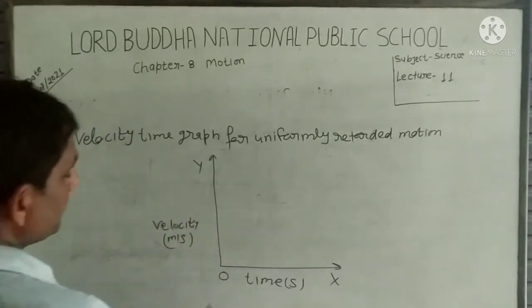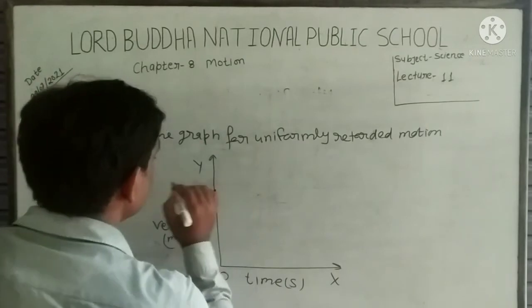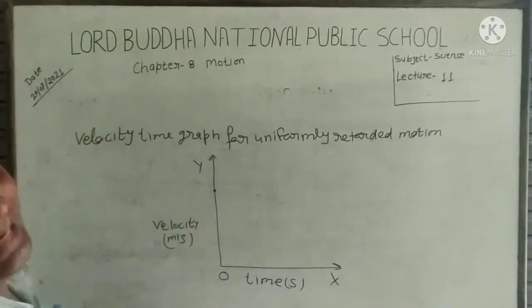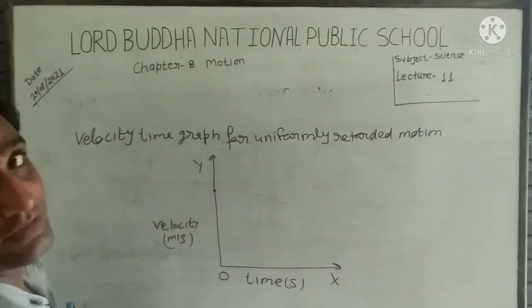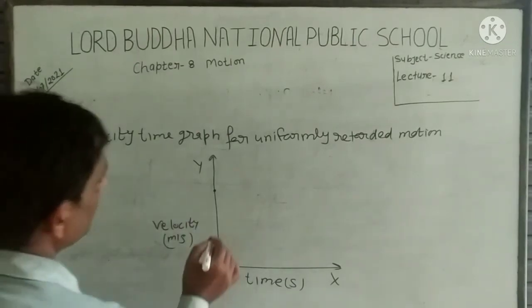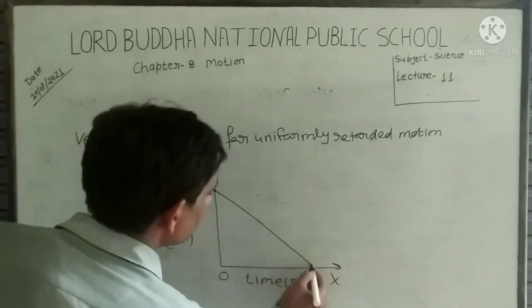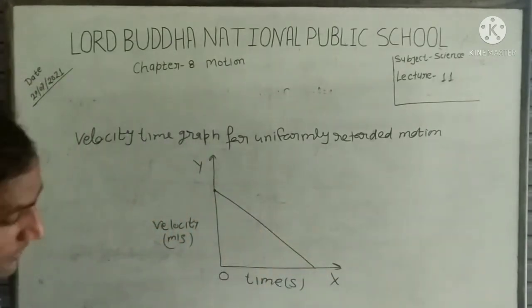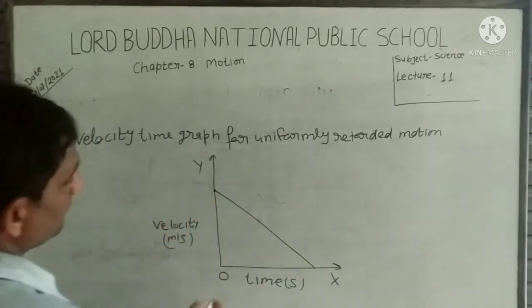Means in initial condition, the object is moving with high velocity, and after time interval, it reaches 0. Means the graph will be this type.